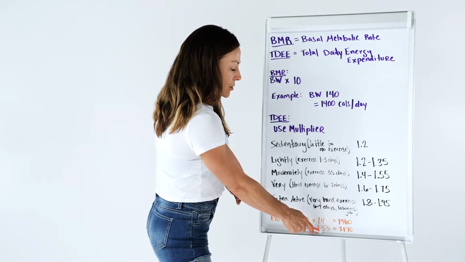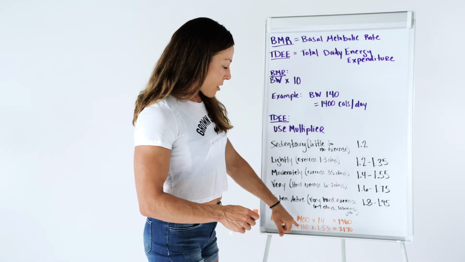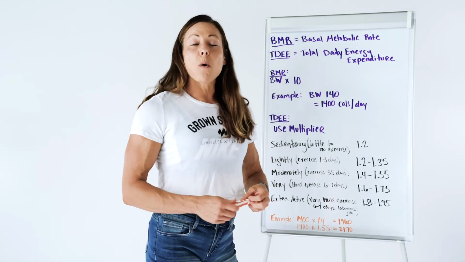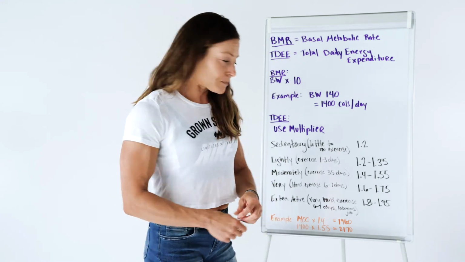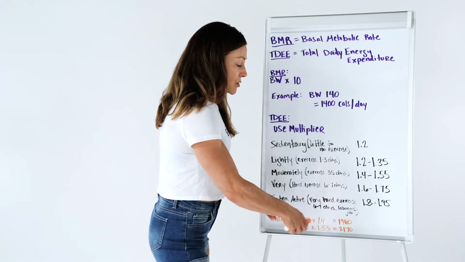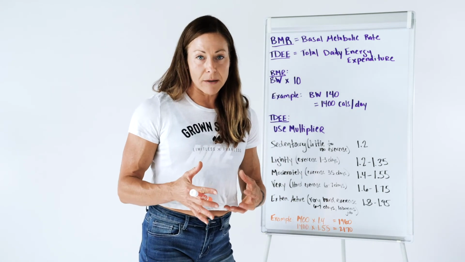We could also use the 1.55 and multiply that by our 1,400, and that's 2,170 calories a day that this person might be burning. Now, this gives you a nice range so that you can start to see, okay, this is a nice starting point.